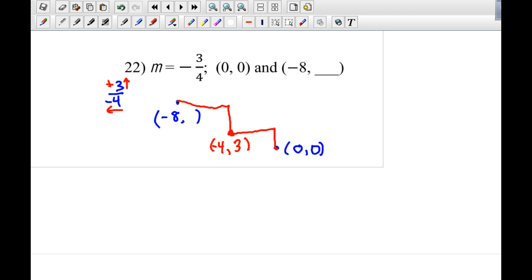Up 3, left 4 will put you at negative 8 and 6, because 3 plus 3 is 6, and then negative 4 minus 4 is negative 8. A lot of it had to do with knowing to put the negative on the bottom, not on the top. If you put it on the top, you'll go down 3 and right 4, which is the opposite direction from where negative 8 is.